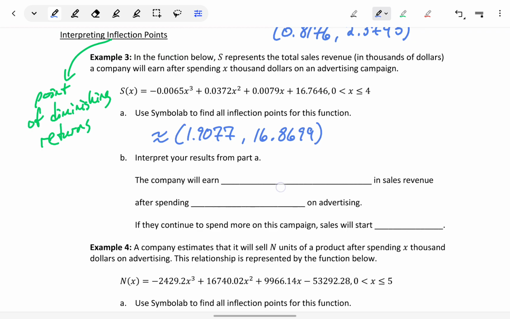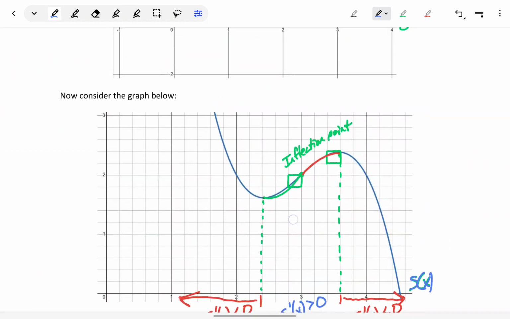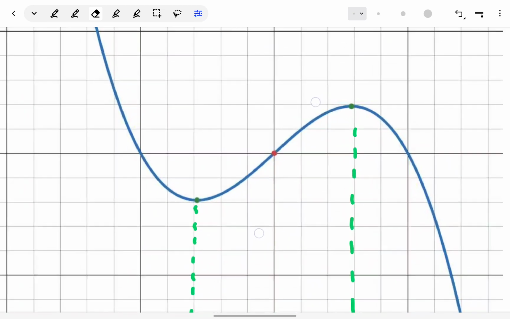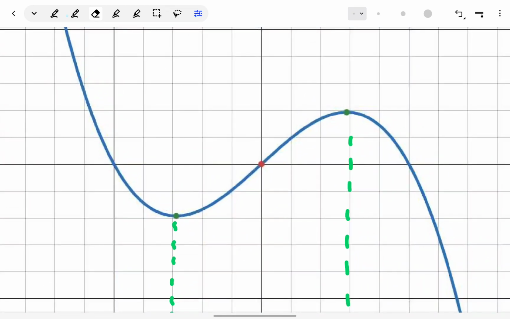To talk about what this point represents, let's go back to that graph that we looked at and erase some of this information that we drew. So this isn't a graph of the function that we're dealing with in example 3, but it's a good visualization of the concept. What we found was this inflection point, which we're going to call the point of diminishing returns.